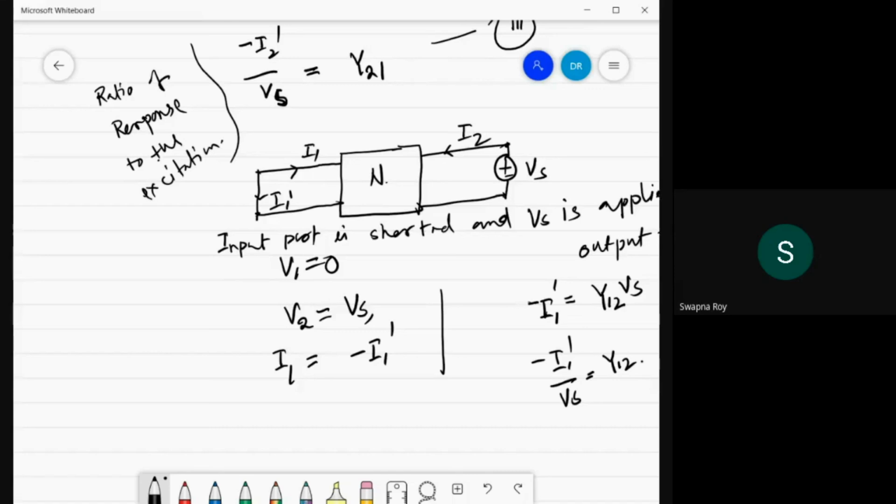So from the definition of principle of reciprocity, left hand side of the equation 3 and this one, equation 4, will be same, which leads the condition of reciprocity, that is y21 is equal to y12.